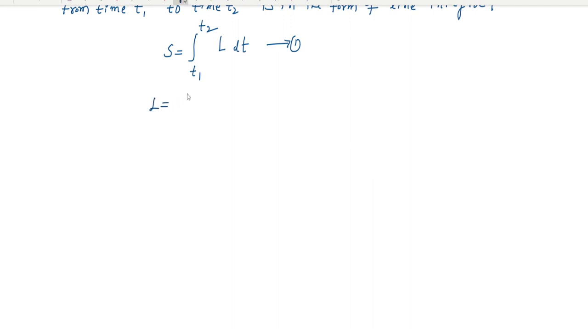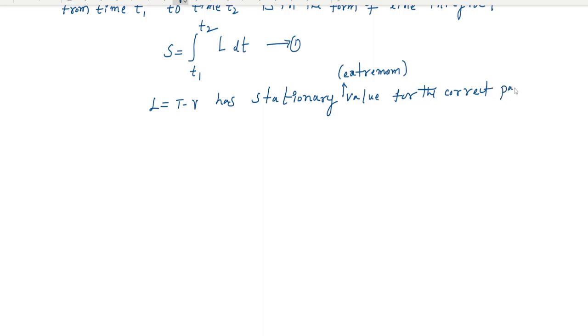Here L is equal to T minus V. It has a stationary value, or I would like to say the extreme value, for the correct path of the motion.